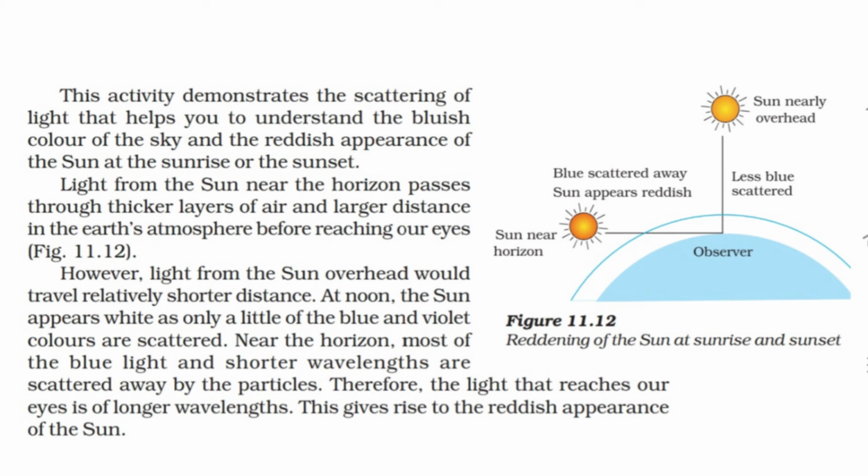However, light from the sun overhead travels a relatively shorter distance at noon time. The sun appears white as only a little of the blue and violet colors are scattered. The shortest wavelengths travel the shortest distance from the light to our eyes. Most of the blue light and shorter wavelengths are scattered away by the particles. Therefore, the light that reaches our eyes has longer wavelengths, which gives the reddish appearance of the sun at sunrise and sunset.